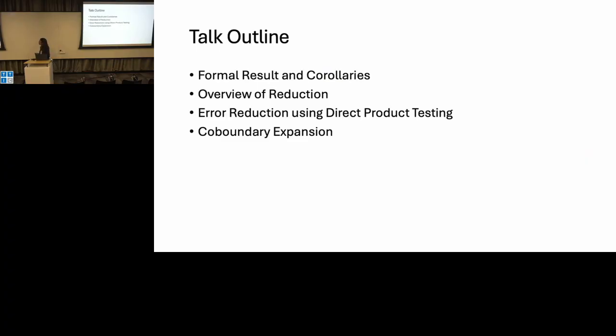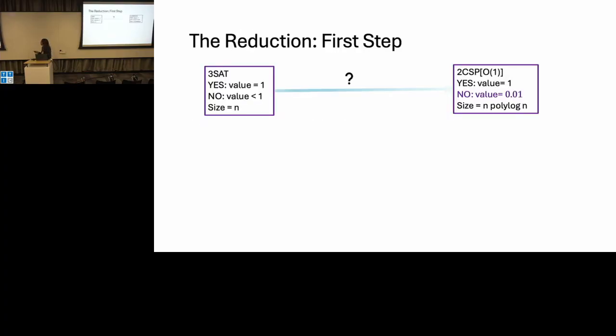Okay, so with this formal result out of the way, now let me give you an overview of our construction, and also tell you a bit about how high dimensional expansion comes into the picture. So this is our goal, to start with 3-SAT instances and reduce them to 2-CSPs with value which is some fixed constant, let's say 0.01, and only incur a polylog n blow up in the size.